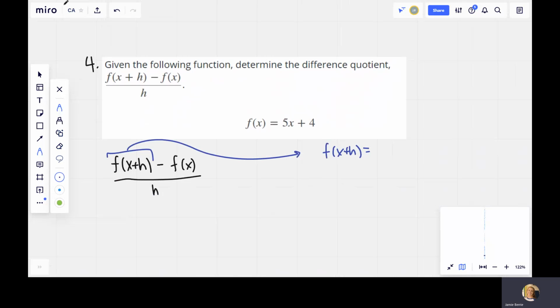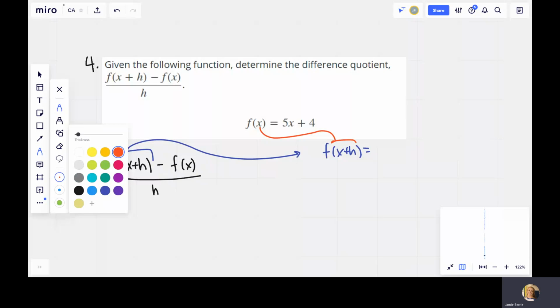So I'm going to take my function f of x, and everywhere there's an x, I'm going to plug in x plus h. So that's going to be 5 times x plus h plus 4.